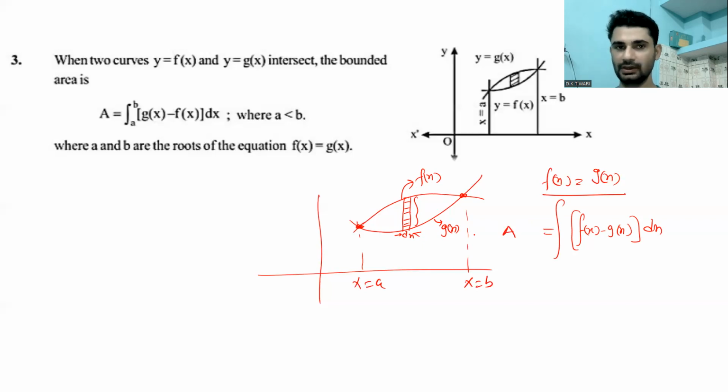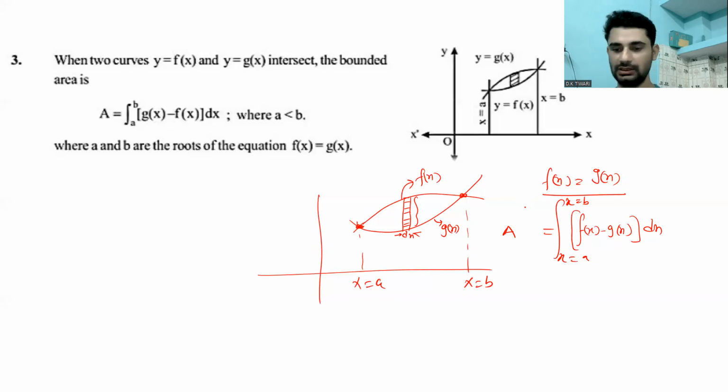So this is the approach from x equal to a to x equal to b. In order to find the complete area in between the intersection part, we just integrate from x equal to a to x equal to b to get the complete area in between the intersection points.